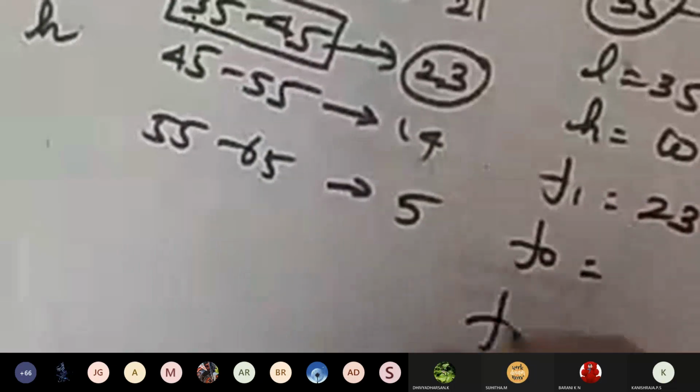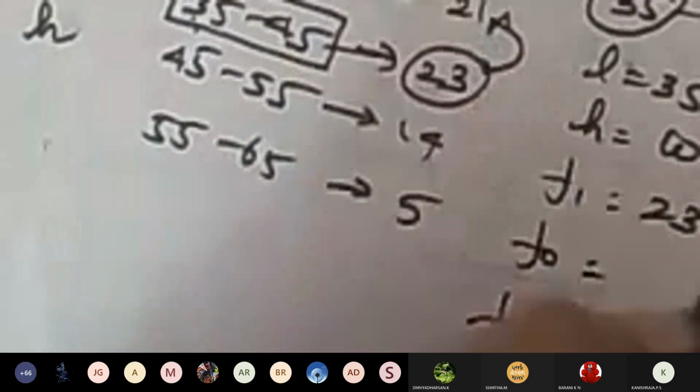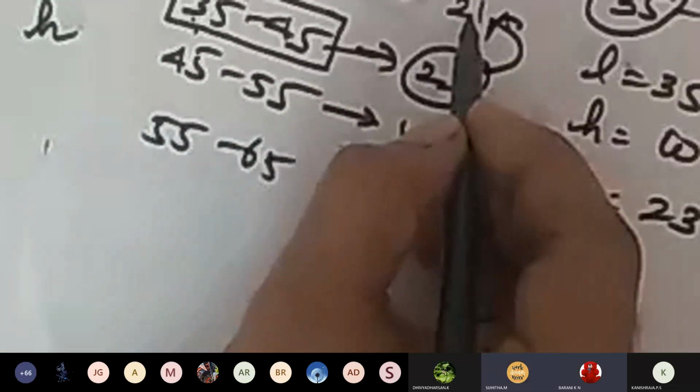Next, F0 and F2 we have to find. What is F0? It is the frequency of the class preceding the modal class. The modal class frequency is 23. What is the preceding frequency? 21.